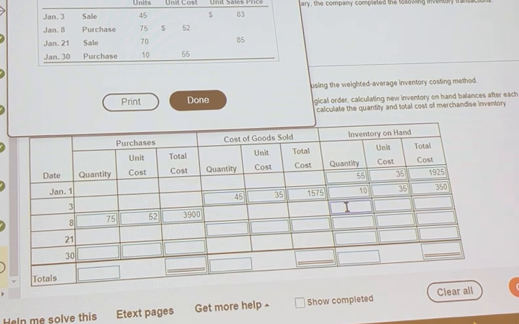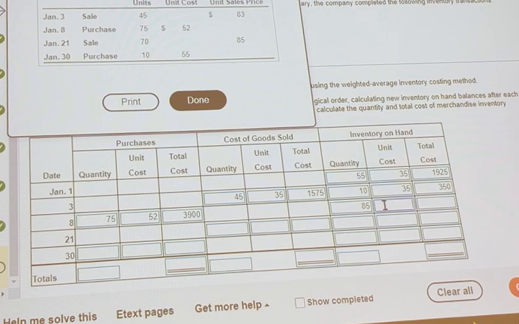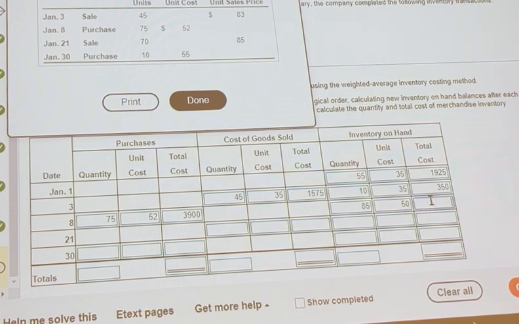So we just repeat from the previous one. Yeah. The main thing that's different is on the 21st of the month. What is a purchase? I mean a sale. Let me see if that's true.